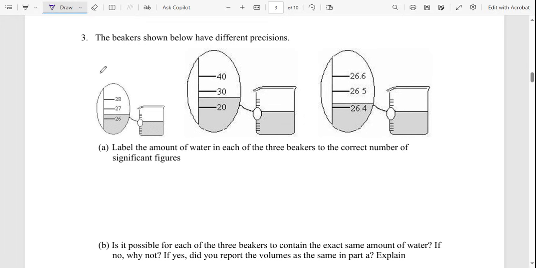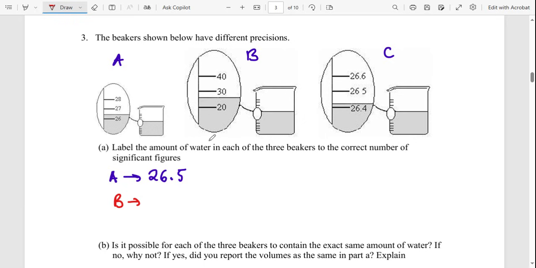Now you can see the first beaker, let's call this one A, this one B, this one C. The first beaker is moving in ones: 26, 27, 28. So for beaker A, the water is between 26 and 27, so that is going to be 26.5.